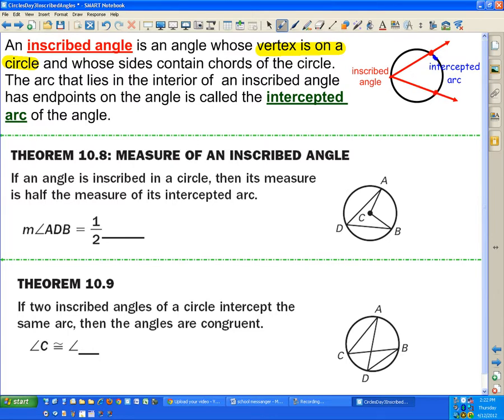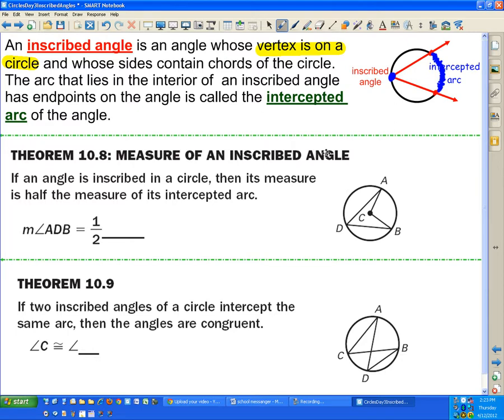This stuff right here is what we would call the intercepted arc, because it's the arc that is made by the inscribed angle. And so those are the terms that we're going to be dealing with: an inscribed angle has its vertex, which is this point back here, on the circle, not the center, because that's the difference between a central angle and an inscribed angle.